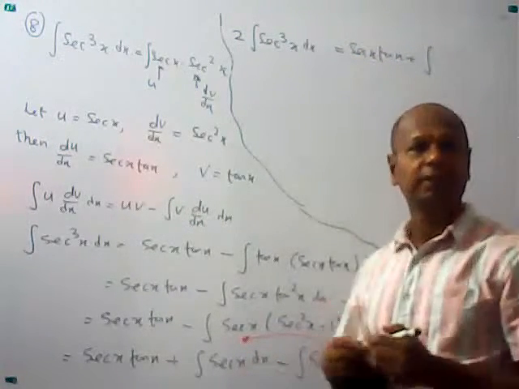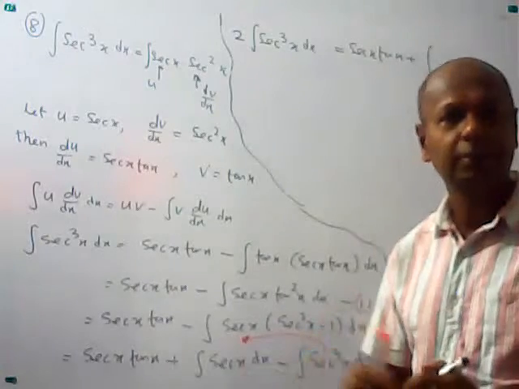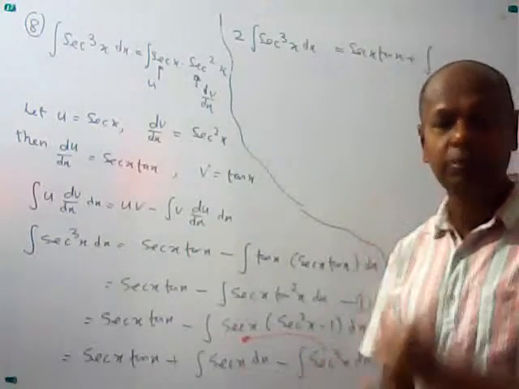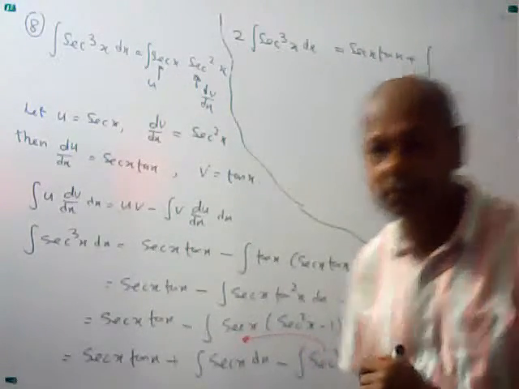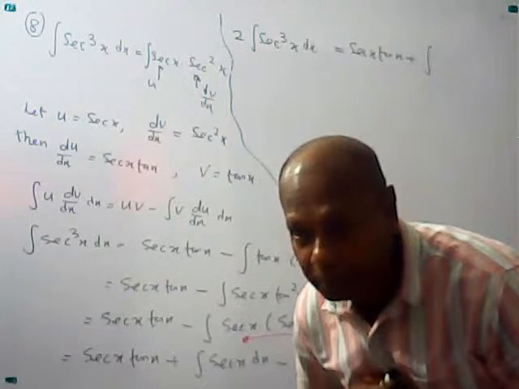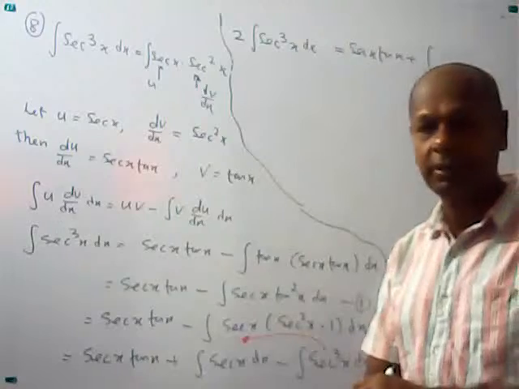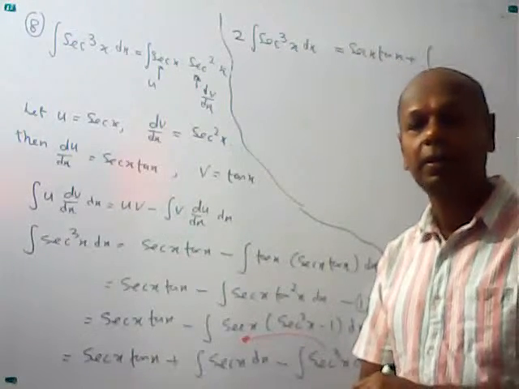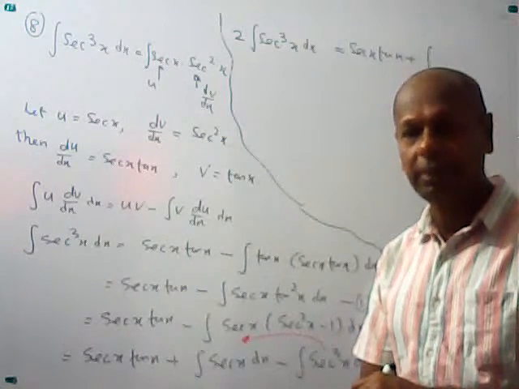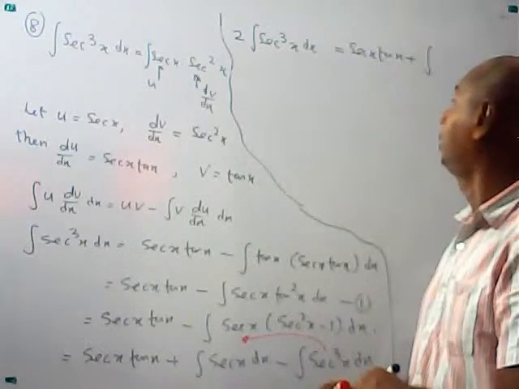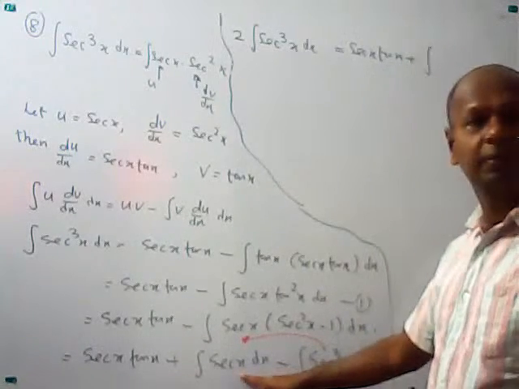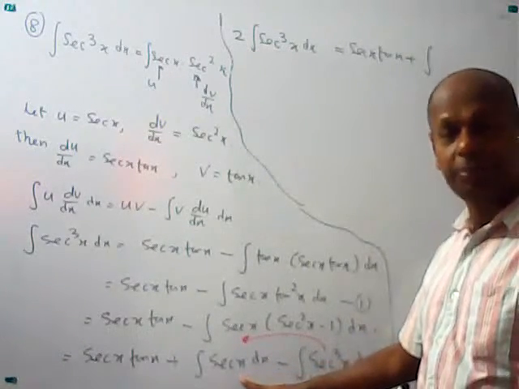Sec x integrate, that's something again you should remember, right? There is no other method. Take sec cube x to the other side. Now to integrate sec x, you should remember that method.